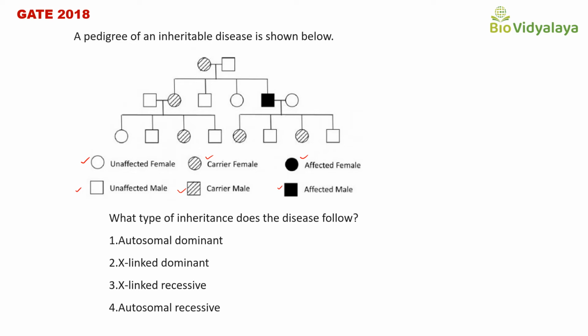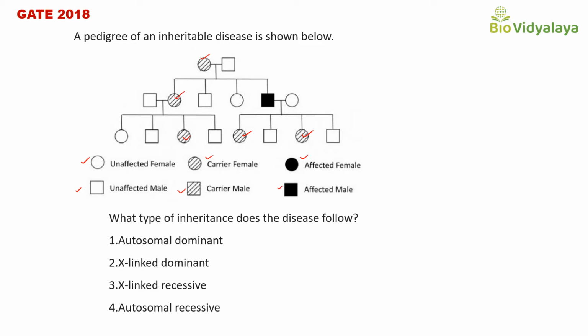Okay. Here you can see that this shaded circle represents a carrier female. Okay. So most of the females are carriers. That means they are heterozygous.